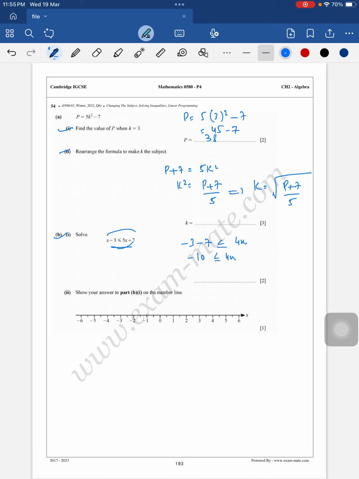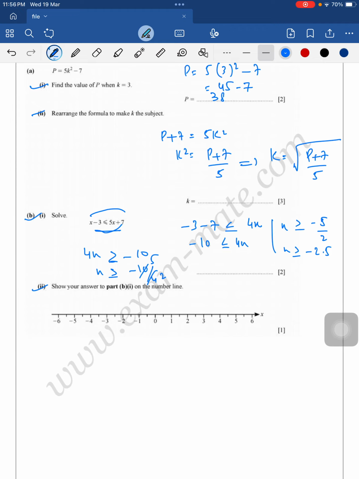So I can write this as 4x is greater than or equal to minus 10. So x is greater than or equal to minus 10 upon 4, that is, 2 5s are 10, 2 2s are 4. So that implies that x is greater than or equal to minus 5 upon 2, which we can write as minus 2.5. Show your answer to part B, part 1 in the number line.